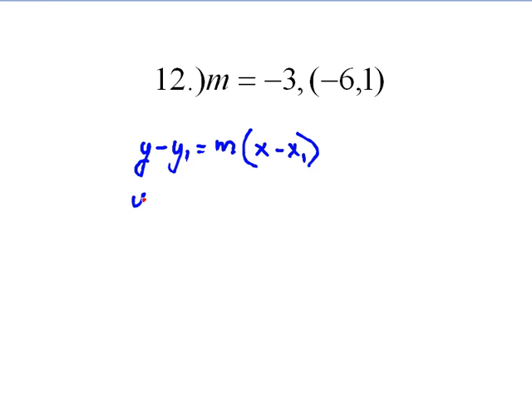So let's get y minus, this is our x and our y, 1 equals m, which was negative 3, times x minus a negative 6.